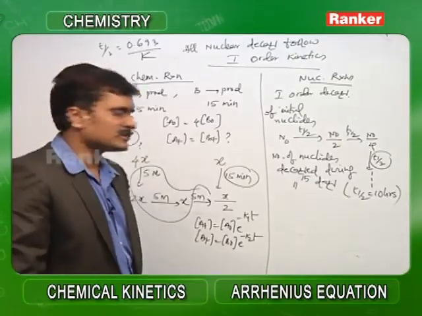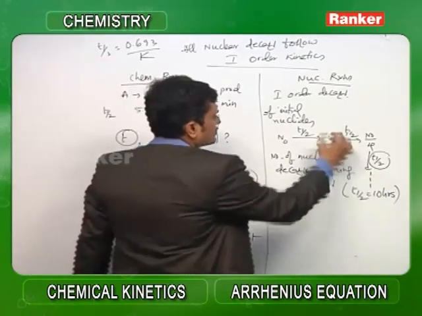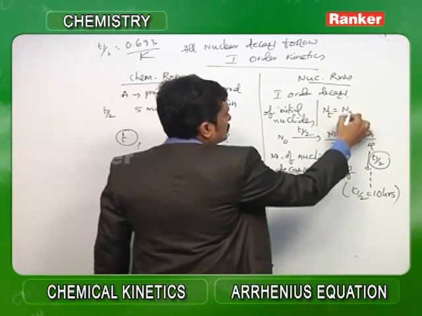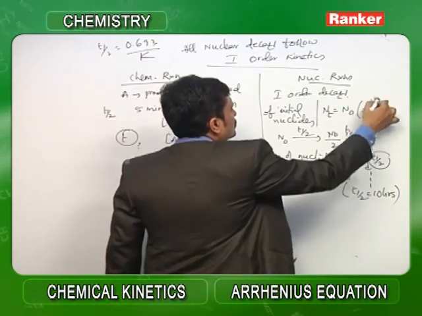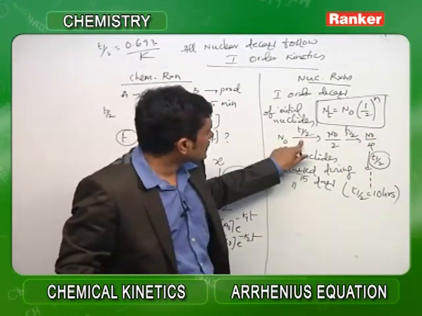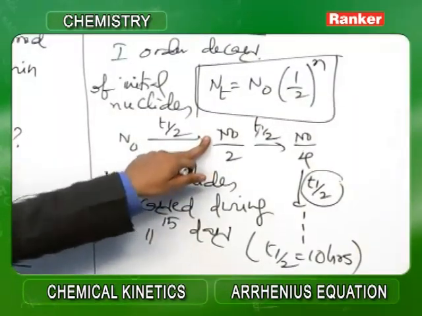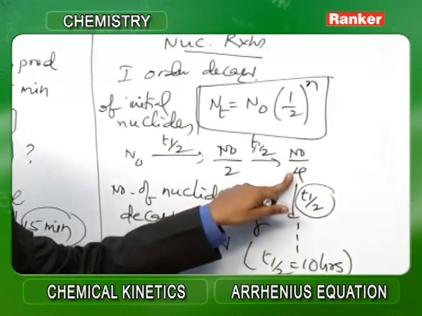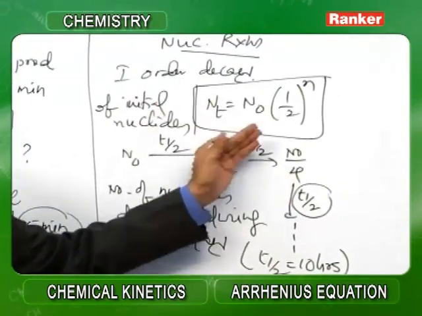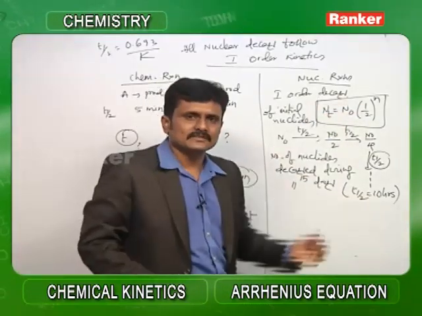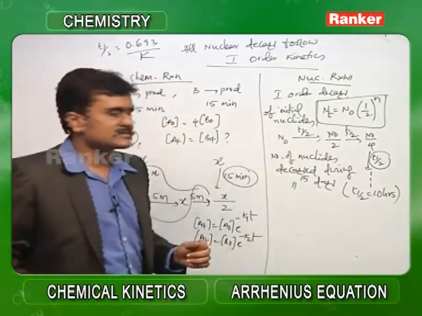In all such cases, we know very clearly that the number of nuclei remaining after t seconds is N naught into 1 by 2 whole power n, where n is the number of half-lives. You can see here, after the first half-life it is N naught into 1 by 2, after the second half-life it is N naught into 1 by 2 whole square, that is N naught by 4, and after the third half-life it is N naught into 1 by 2 whole cube. So I'll be using this formula, which is pretty simple when it comes to nuclear chemistry reactions.